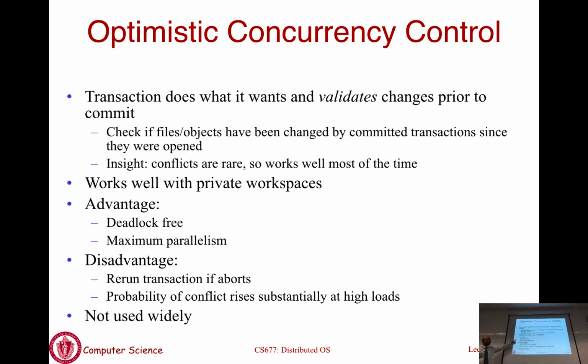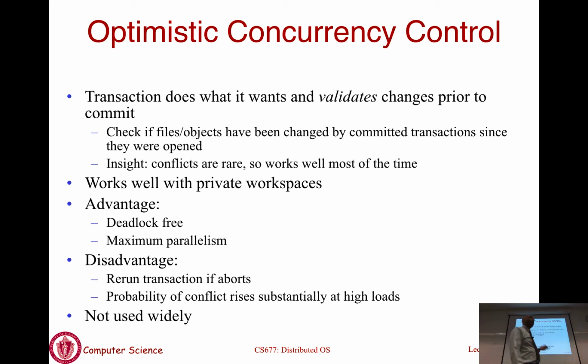The advantage is that it is going to be deadlock free. Is that clear? Why? There are no locks, so how will you deadlock? You're not holding any locks, so there's going to be maximum parallelism and no chance of any deadlocks. The disadvantage is you might have to rerun the transaction if it ends up with a write-write conflict.